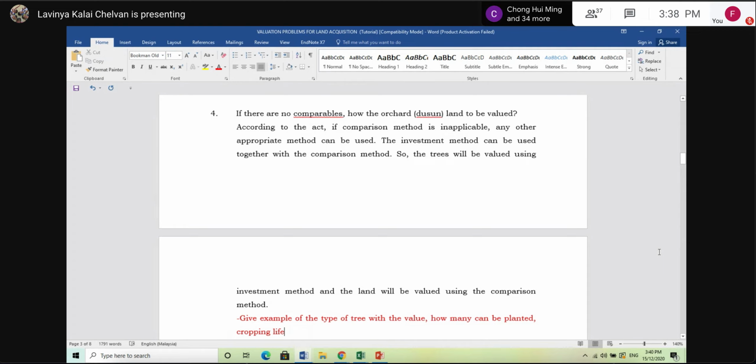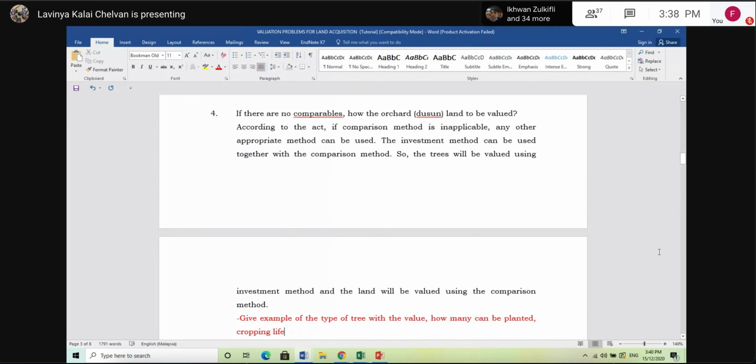Then the comparison method cannot be used. After that, what else? You can't just refuse to give a value because there is no comparable. You cannot say I don't want to value this compensation, isn't it?